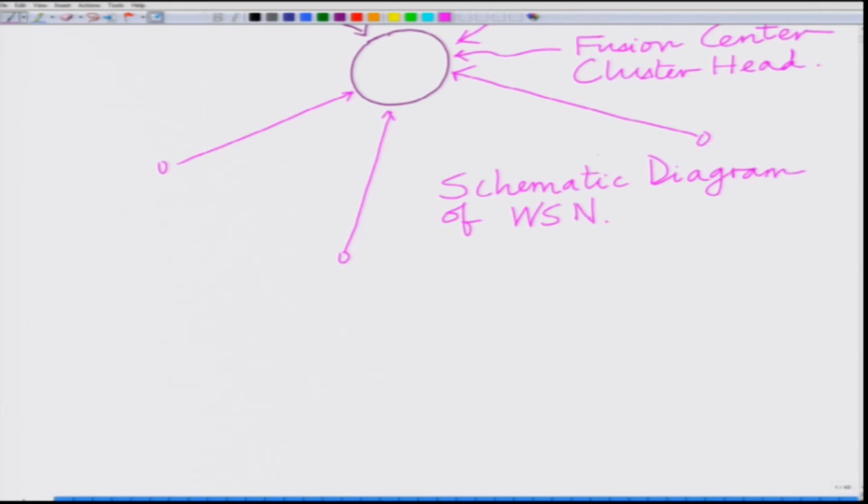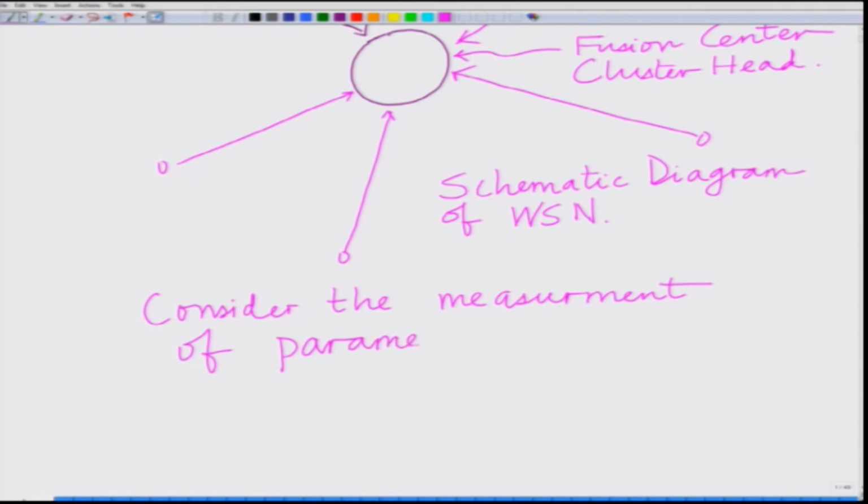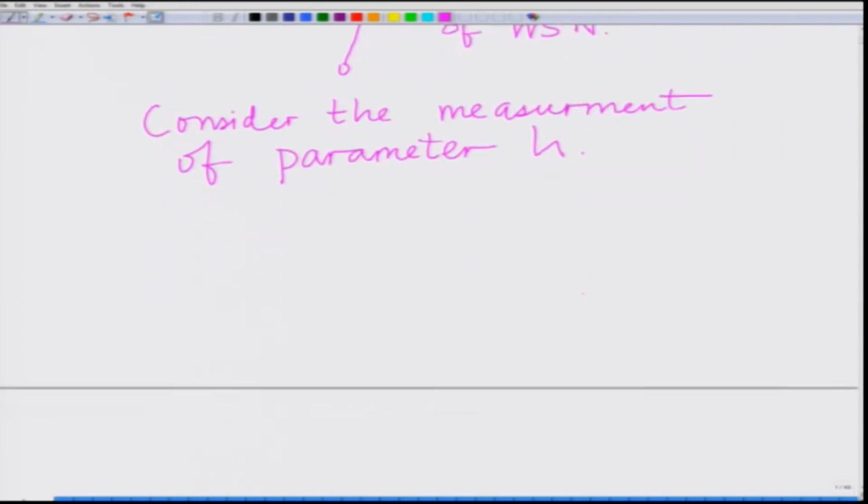What these different sensor nodes are doing is trying to measure a parameter. So consider the measurement of a parameter. This parameter we are going to denote by h. That is our parameter.